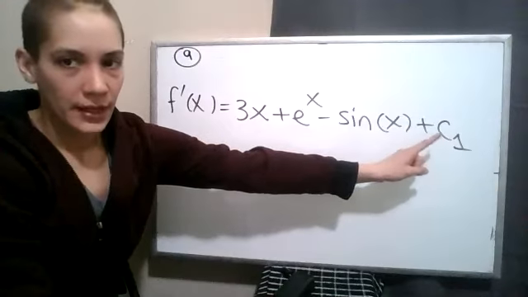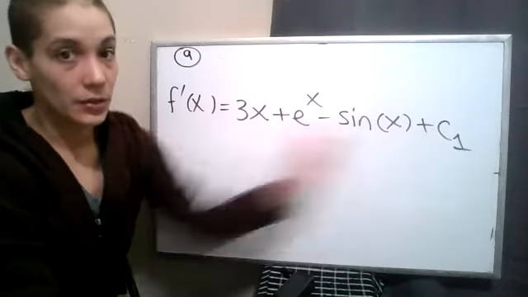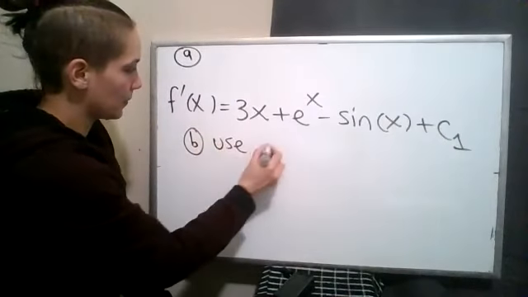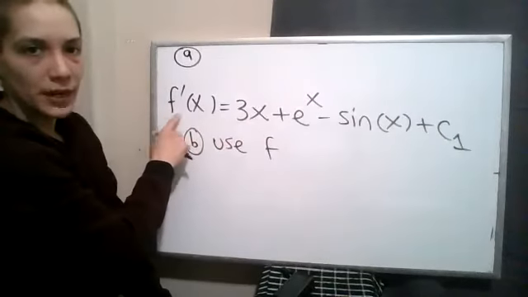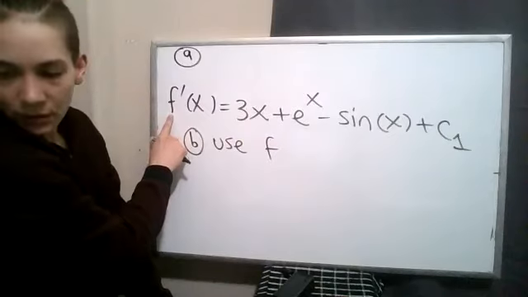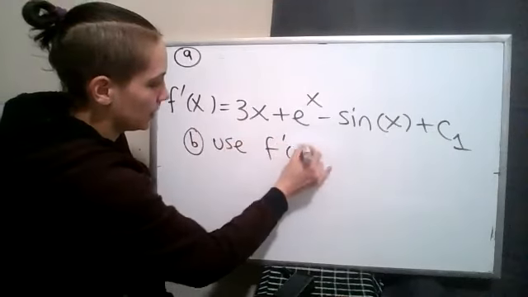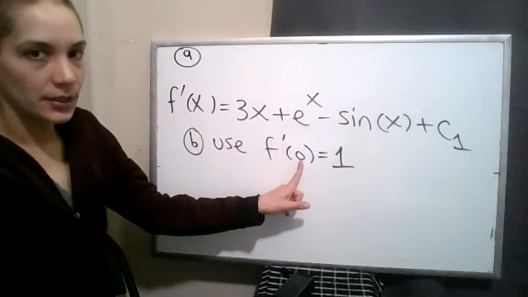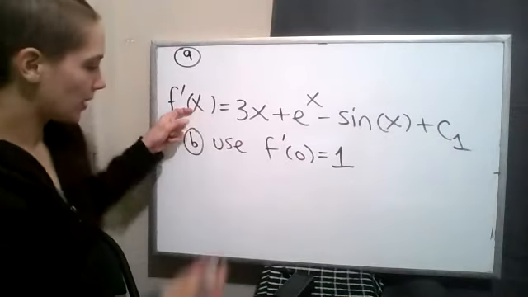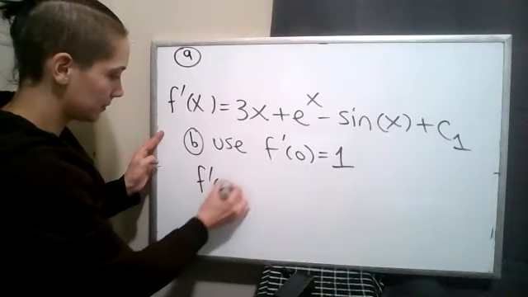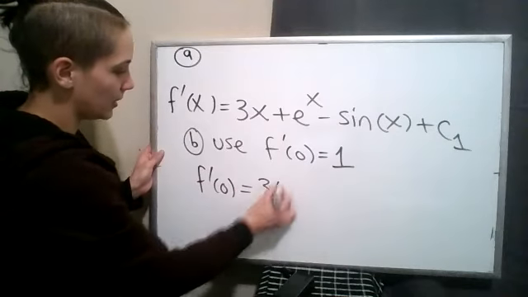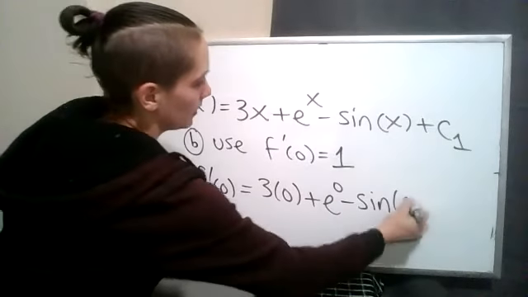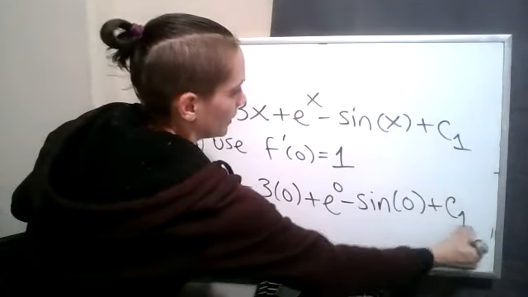Okay, we want to find that constant, so use your initial conditions, the one that has information for your f prime. F prime of 0 is 1. So you're letting x equal 0 in the function f prime: 3 times 0, e to the 0, sine 0, plus c sub 1.